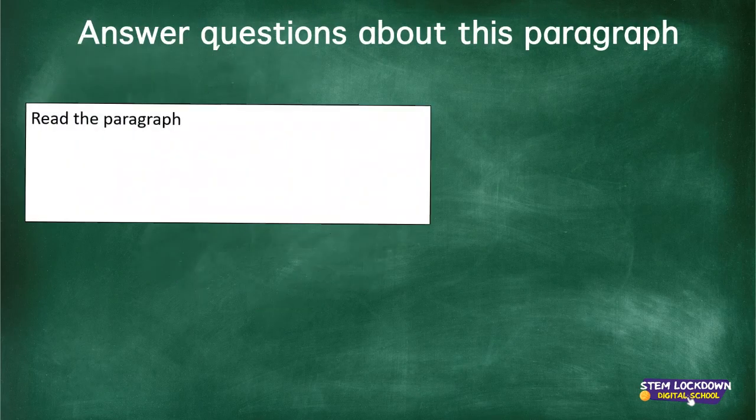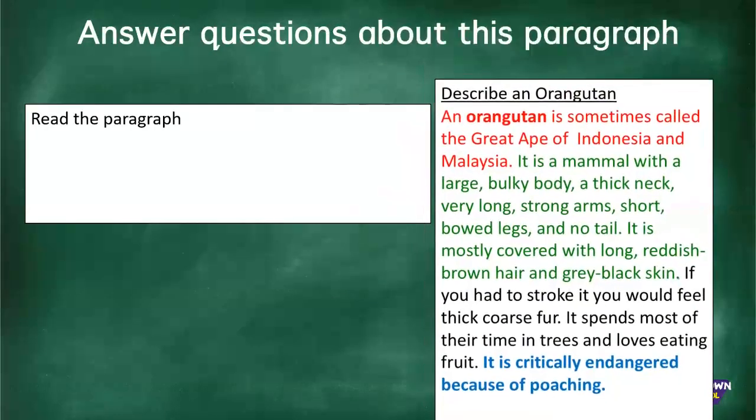Here's our paragraph for today. So let's first read the paragraph. Read it with me aloud. It's got a heading, Describe an orangutan. An orangutan is sometimes called the great ape of Indonesia and Malaysia. It is a mammal with a large, bulky body, a thick neck, very long, strong arms, short bent legs, and no tail.